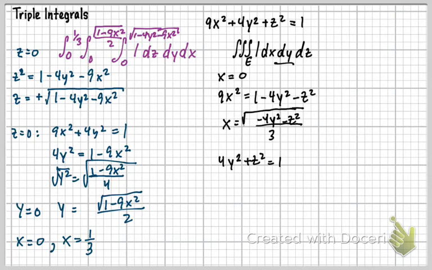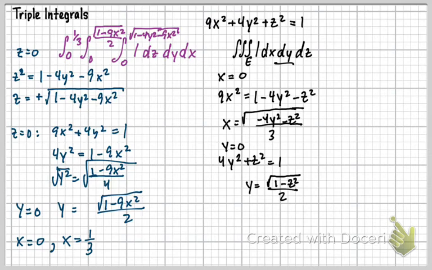So I'm going to move the z over, divide by 4, and square root both sides. So y equals, and I'm not going to do the plus or minus anymore because hopefully you see that I don't need it. This is what I'm going to end up with. And my y, because I'm in the first octant, is going to go from y equals 0 to y equals the square root of 1 minus z squared, over 2. Hopefully you're okay with that.